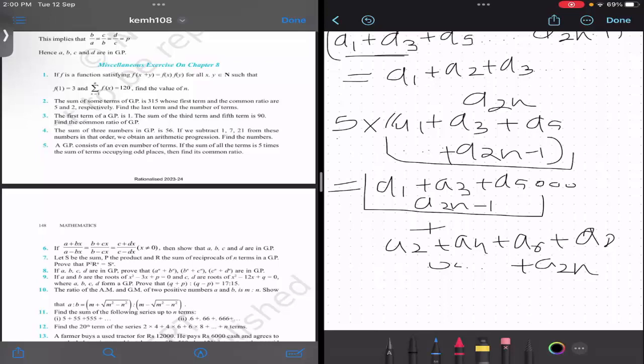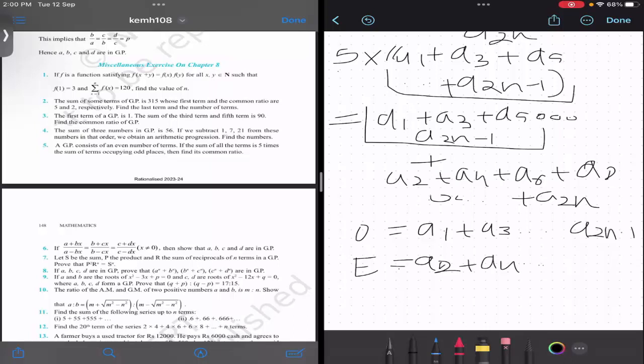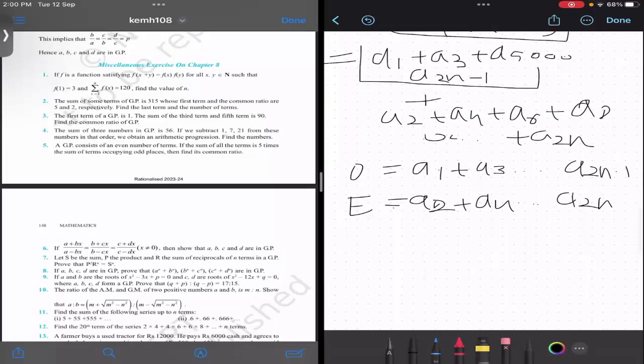Let us denote this entire summation of odd terms as O. Let's say O is equal to A1 plus A3 up until A2n minus 1. And let's say the summation of even terms is E, equal to A2 plus A4 up until A2n. Then when I write my equation, it's going to be something along 5 into O equal to O plus E, right?